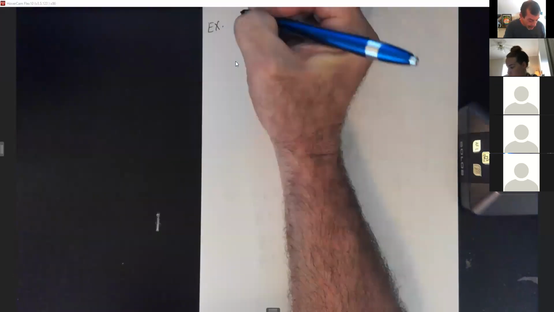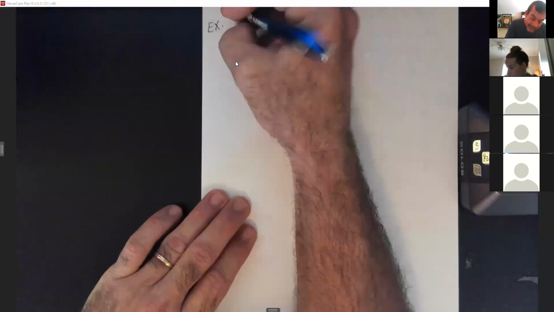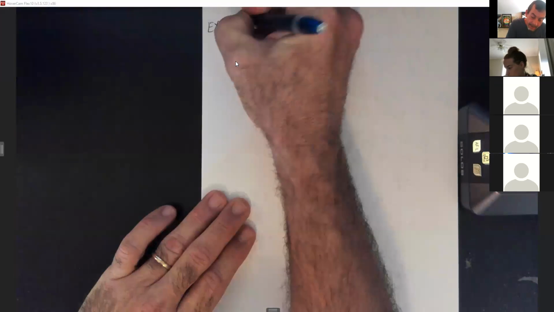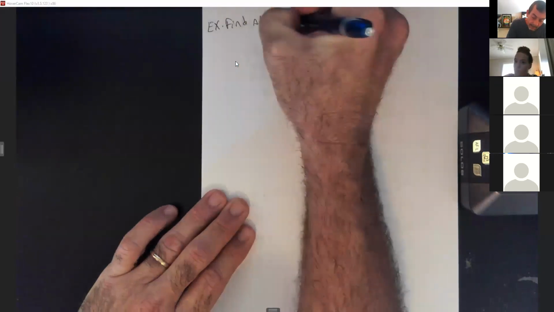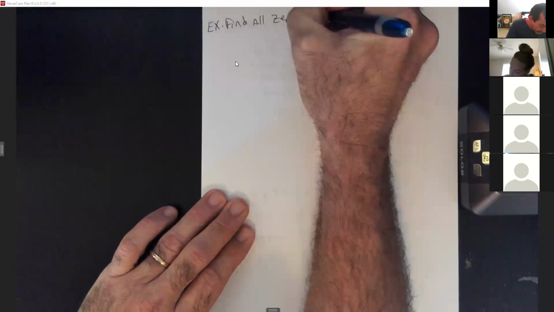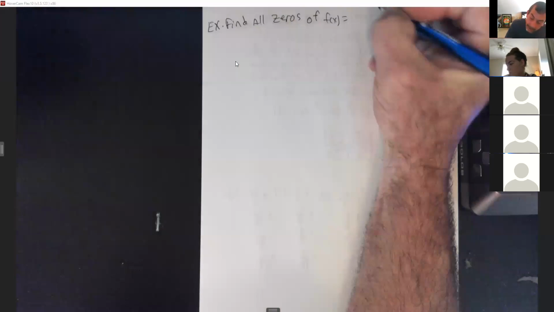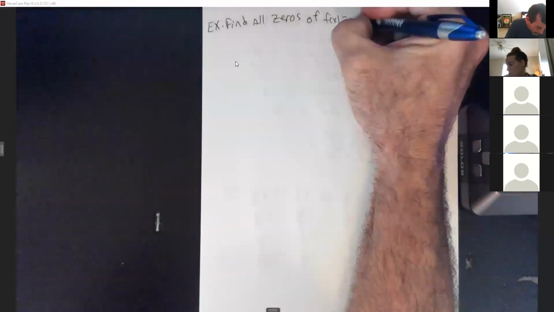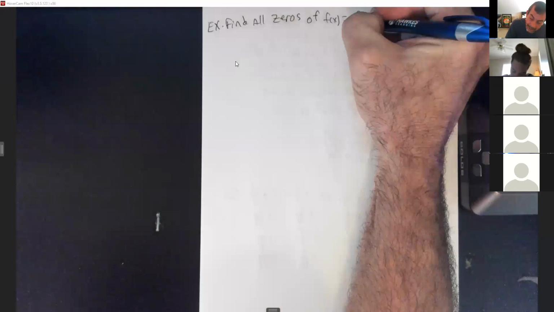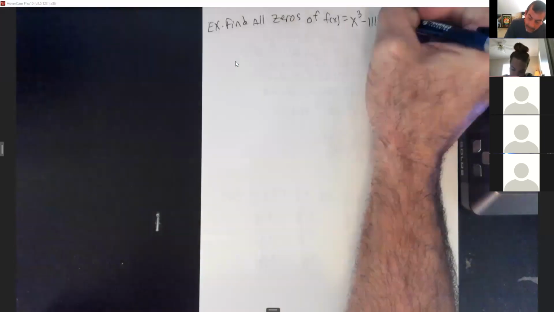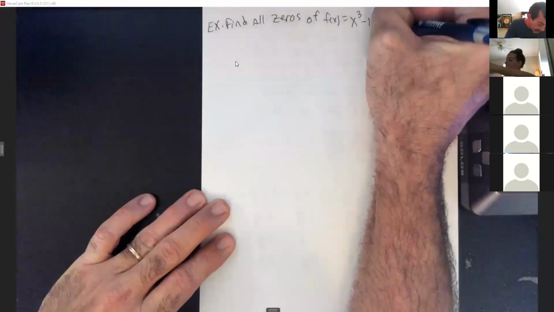So these are the tricky ones. They want us to find all zeros of f of x equals x to the third minus 111x plus 110.